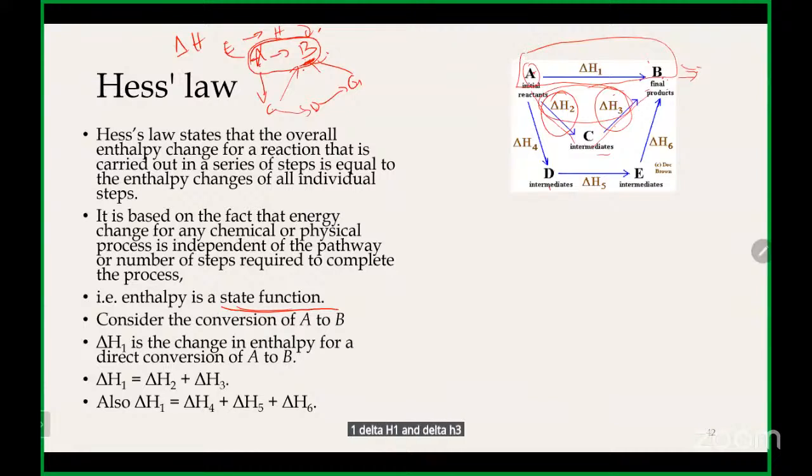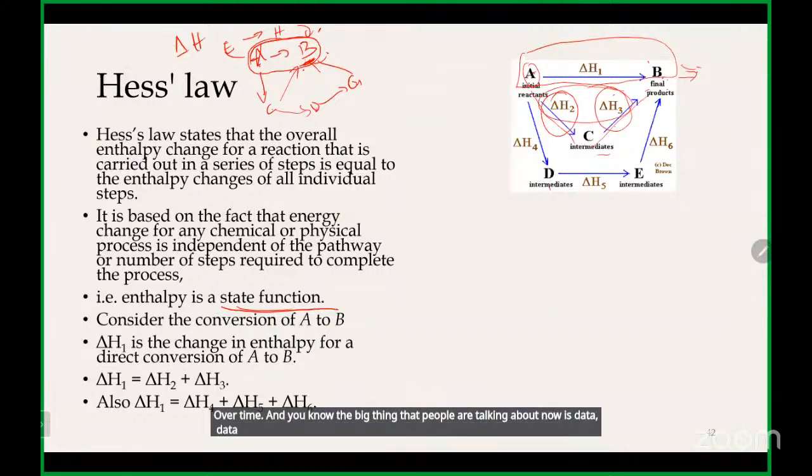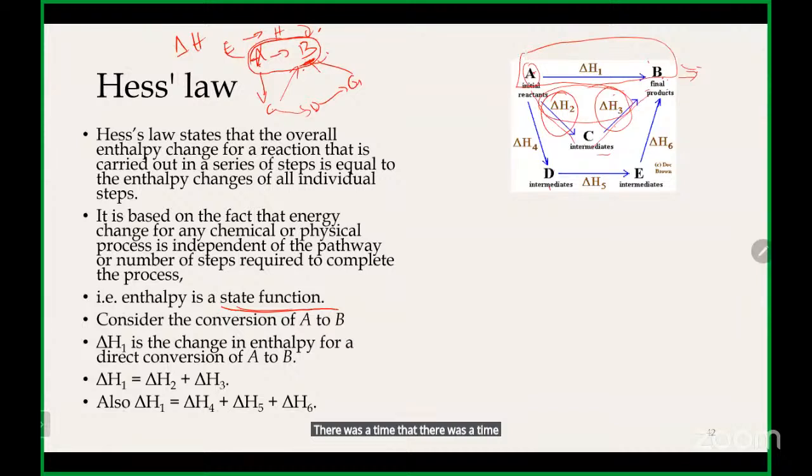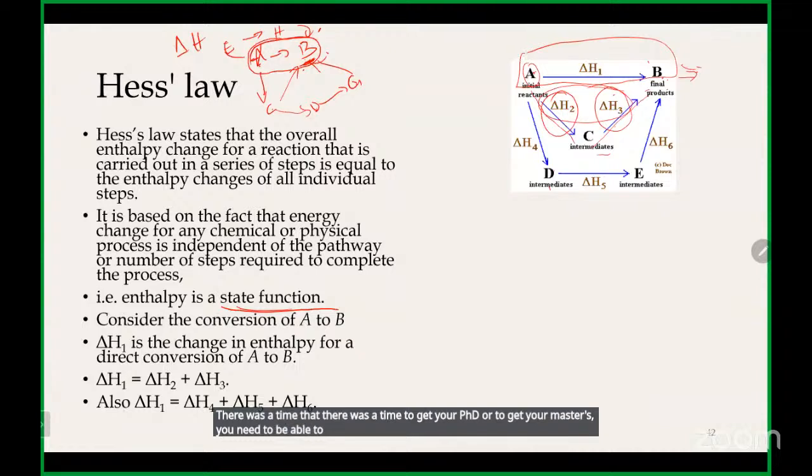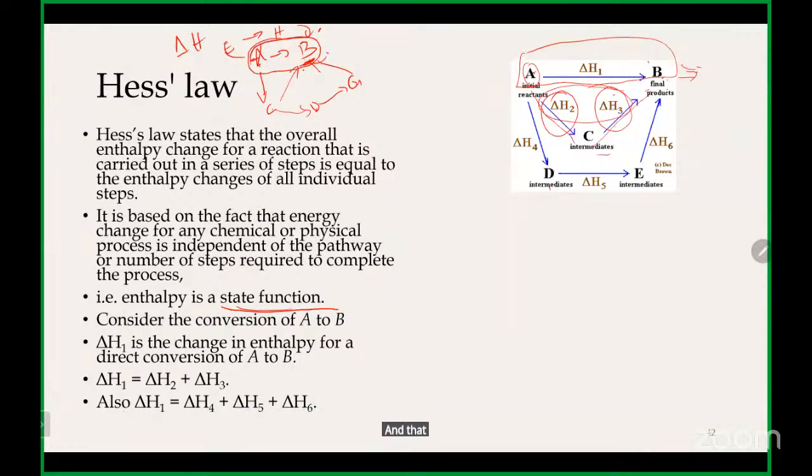So why is this useful? Over time, the big thing that people are talking about now is data. That's because so much data has been curated over time. There was a time that to get your PhD or your master's, you needed to generate data, and that data has been stored. So over time, the delta H of several reactions have been generated.